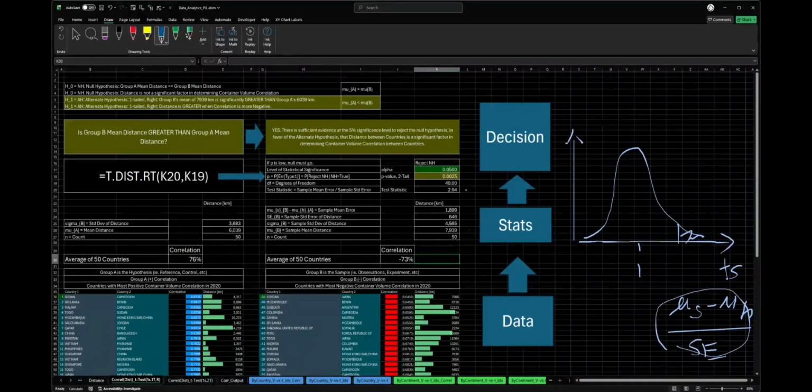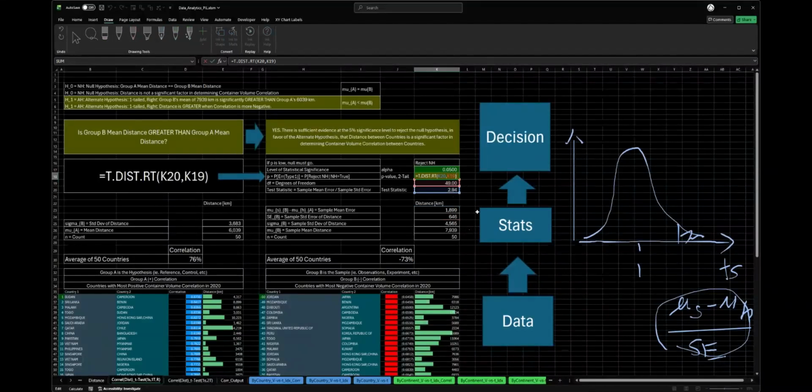Okay, let's see. The p-value here. Let me back up a bit. Okay, so there's a test statistic here, which is then used to calculate the p-value.